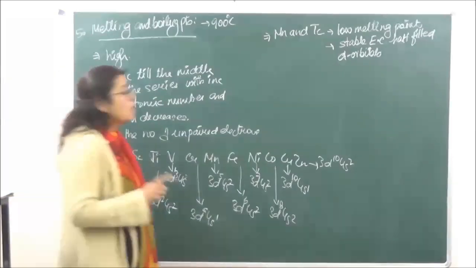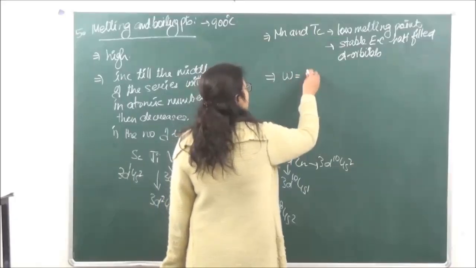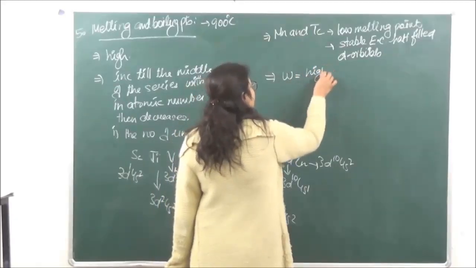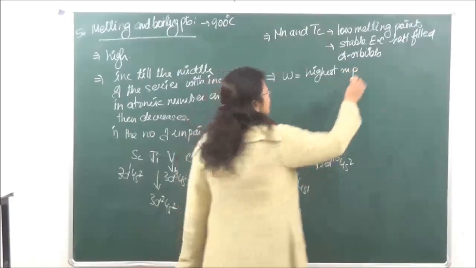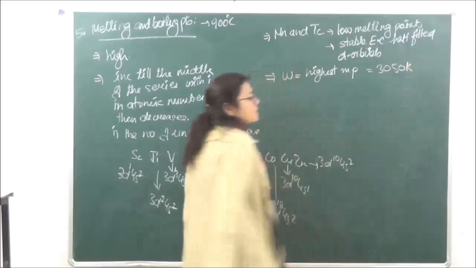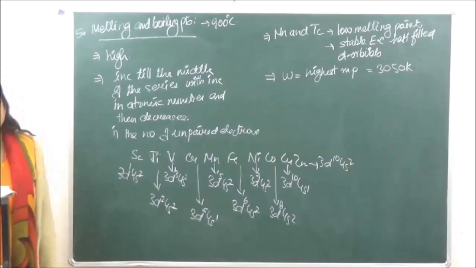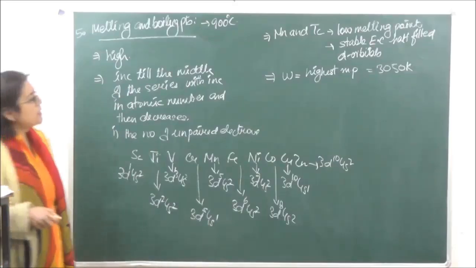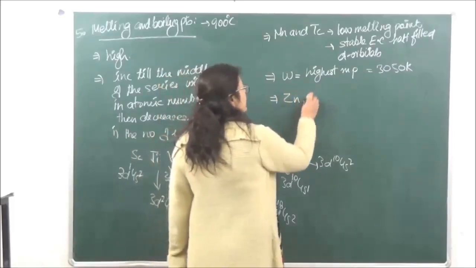So amongst all the elements of the periodic table, tungsten has the highest melting point of approximately 3050 Kelvin.